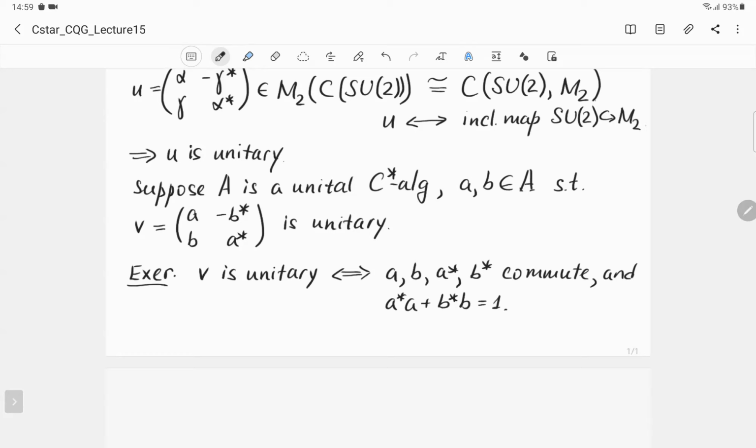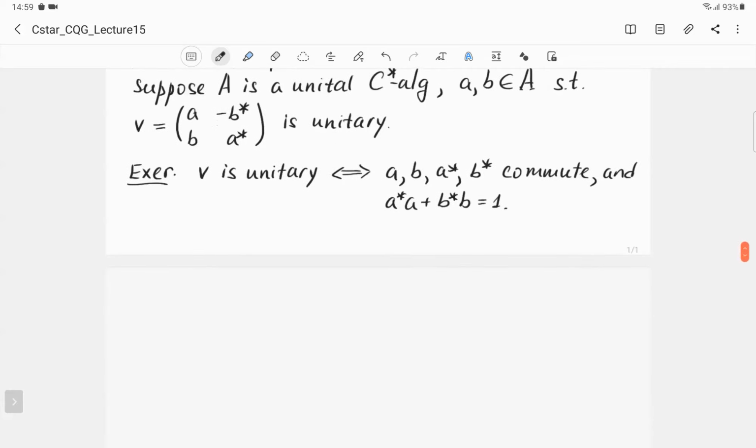This is an easy exercise, which is quite straightforward. In particular, this exercise implies that if we take the C-star subalgebra, let's denote it by B, generated by little a and little b.